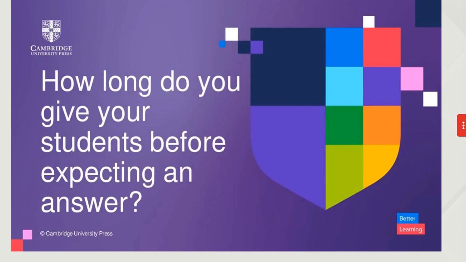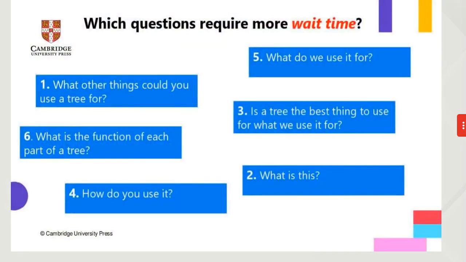So I'd just like you to bear this question in mind, because I'm going to show you now 6 questions, and these questions are about trees. Okay, so this is the next. I'd like you to look at these 6 questions.